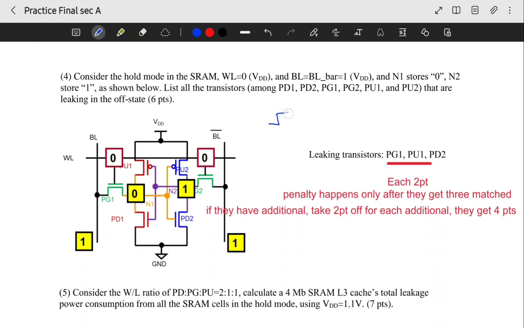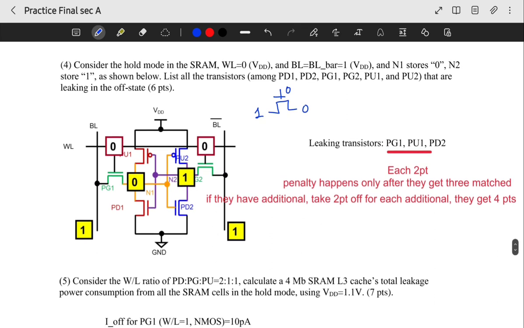For example, if the NMOS gate is 0, and source and drain are like 1 and 0 volt, if we have some difference, although the gate is turned off, you will see some leakage. So for example, the PG1 here, this side is 1 and this side is 0. Although this is NMOS, even if we apply the gate voltage as 0, you will observe some leakage current here. So this transistor is leaking.